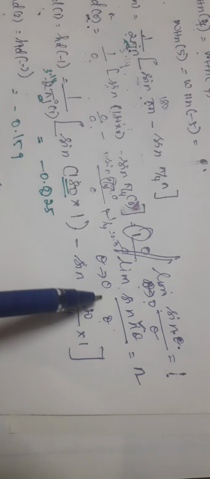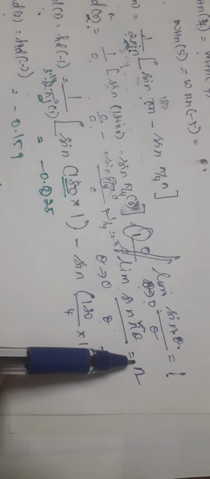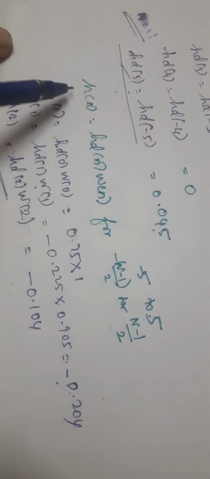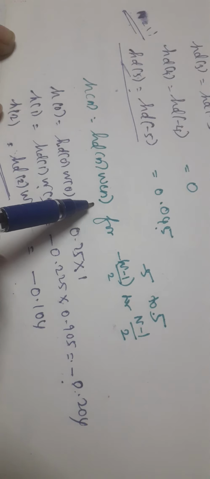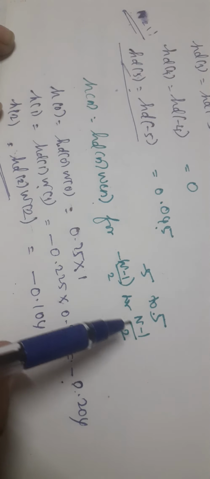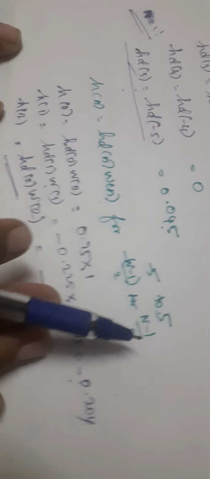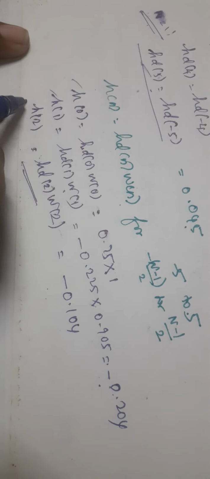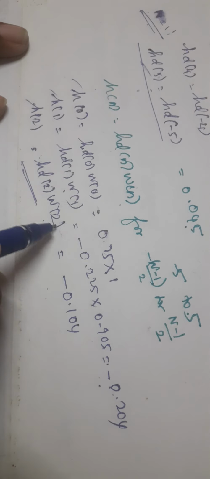Limit of 0 by 0, if it is left with n, you can substitute it as n. So find the hd values, and for finding the filter coefficients, you should multiply hd of n with omega n from minus n minus 1 by 2 to plus n minus 1 by 2. So h of 0, h of 1 and h of 2, you multiply all those values and you will obtain the h values: h0, h1, h2, h3, h4, h5.